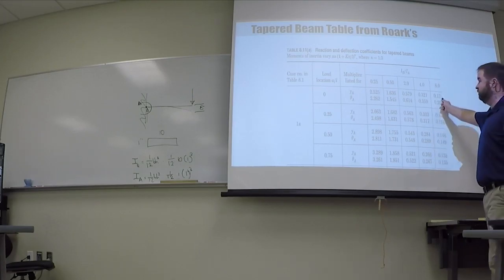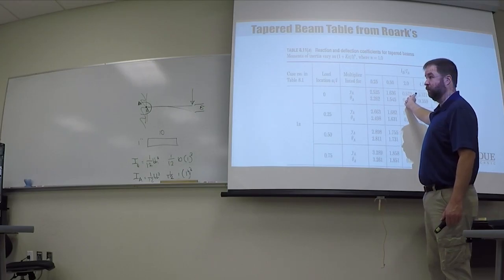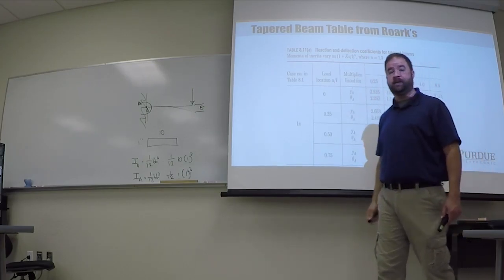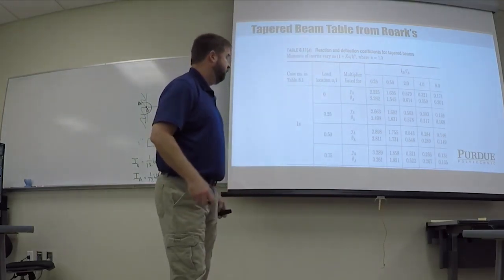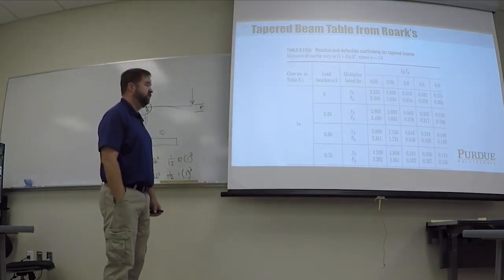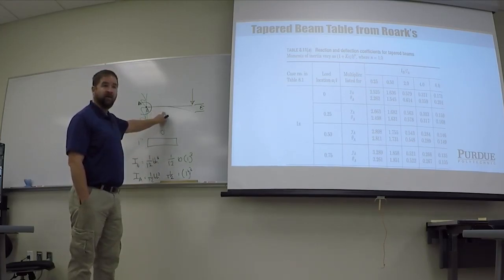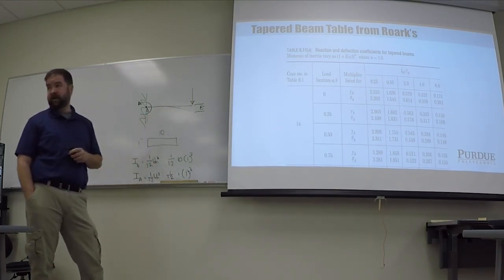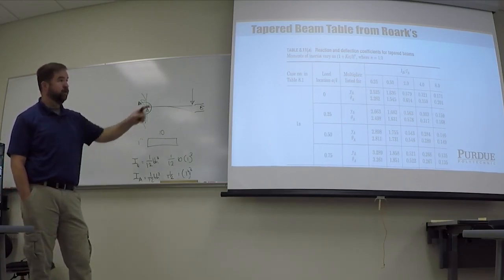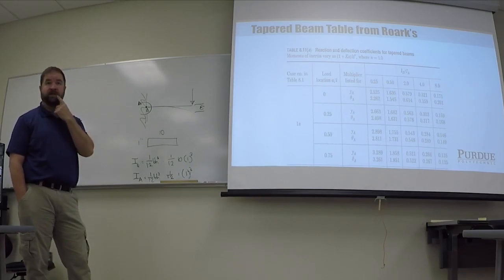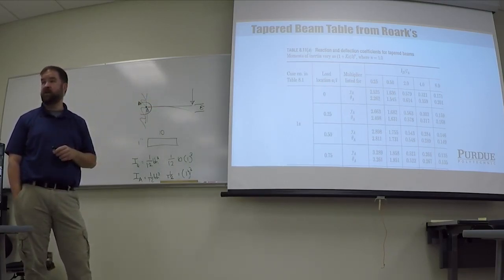So what do these factors mean? These factors are what you multiply the displacement by in order to get the correct answer for that tapered beam. So if I had used a constant cross section for my beam, and I came out with 1 inch of deflection, then my true deflection would be 0.171 of that, or 0.15, whatever that extrapolates to, times that 1 inch.